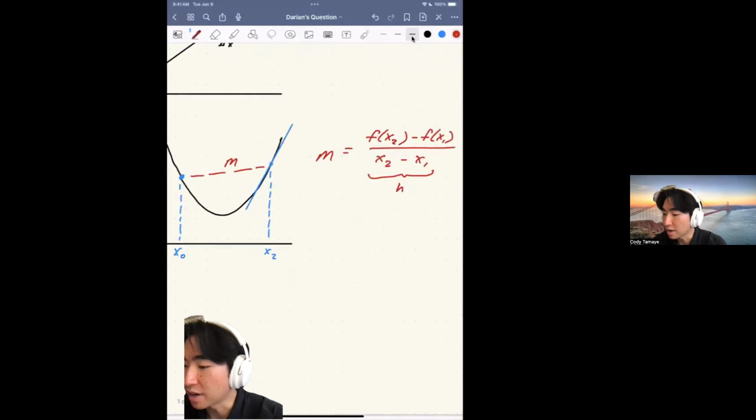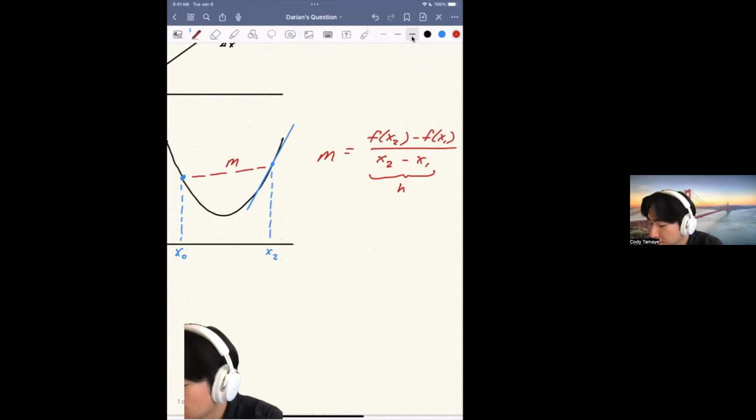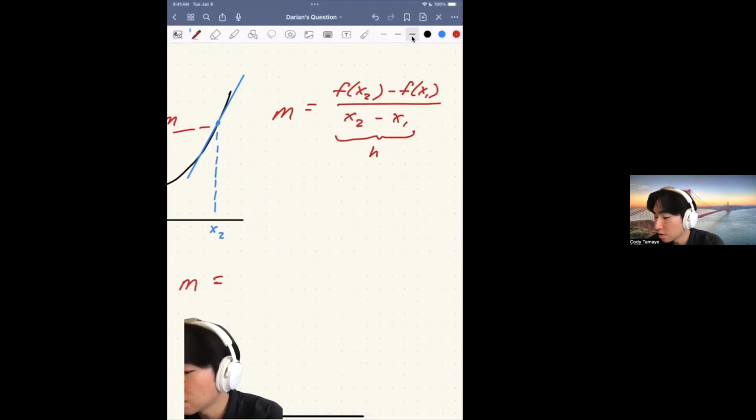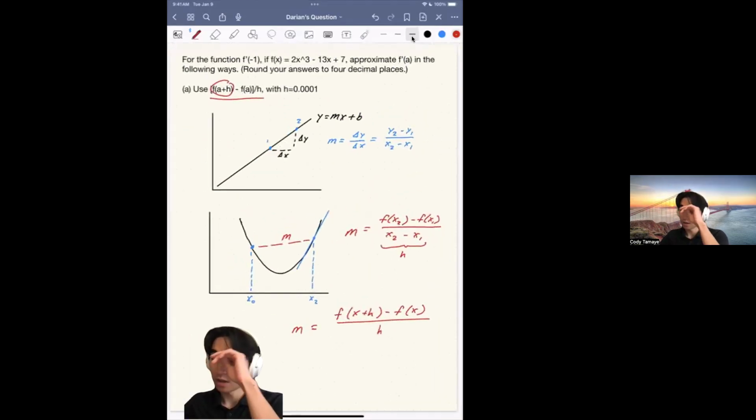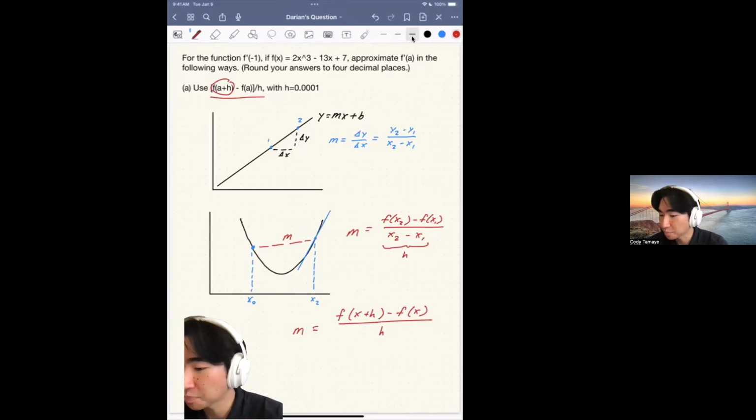So we could rewrite our slope as f of x plus h minus f of x, over h. So we'll apply this principle here.